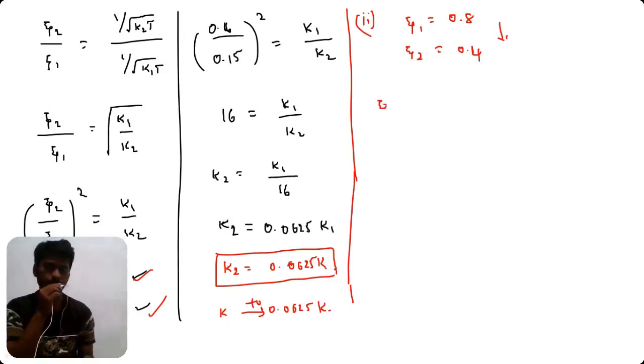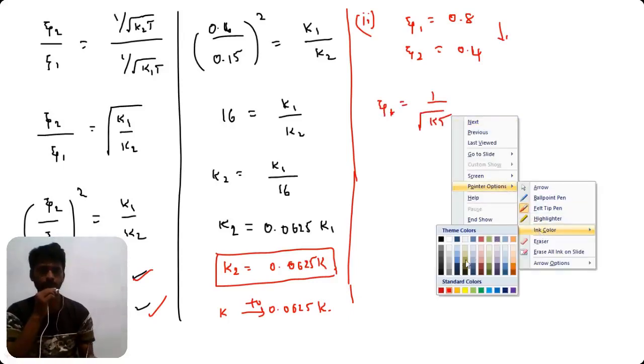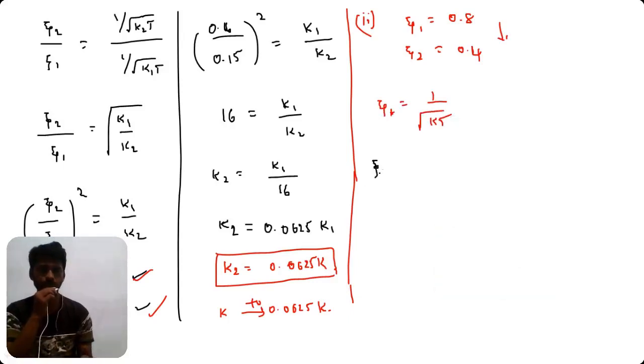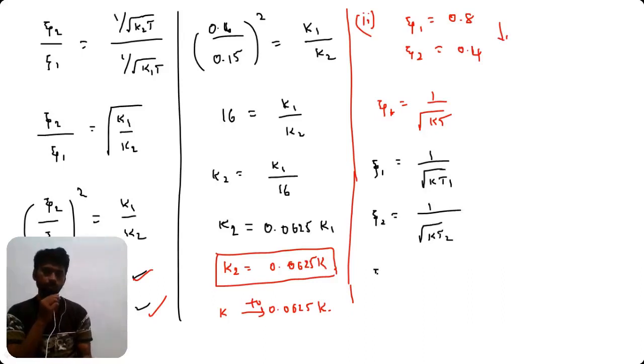Then we got zeta equals 1 by under root KT. So zeta 1 will be 1 by under root K into T1, and zeta 2 will be 1 by under root K into T2. Then zeta 2 by zeta 1 is 1 by under root K T2 by 1 by under root K T1.